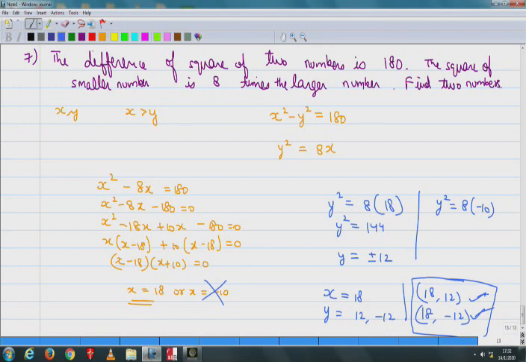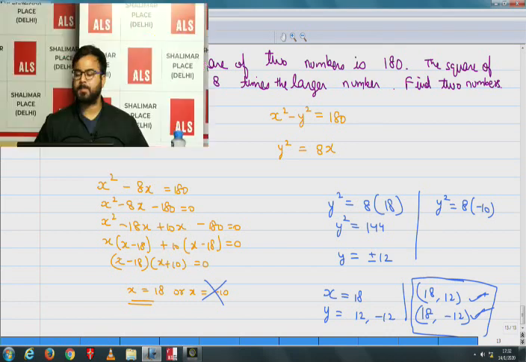Any difficulty in this one? Please give a response. Okay, so I guess you don't have any difficulty in this one.